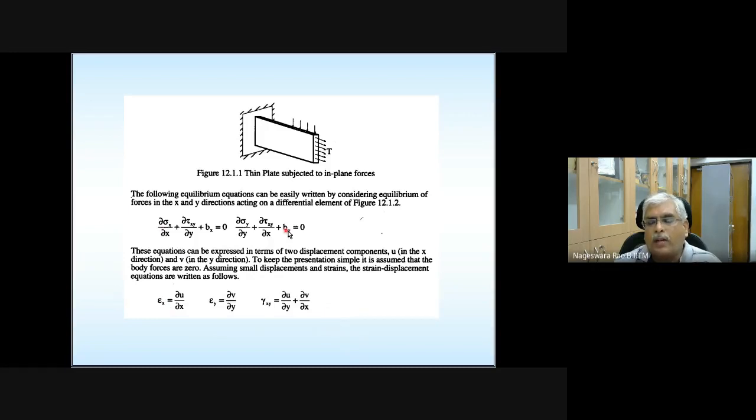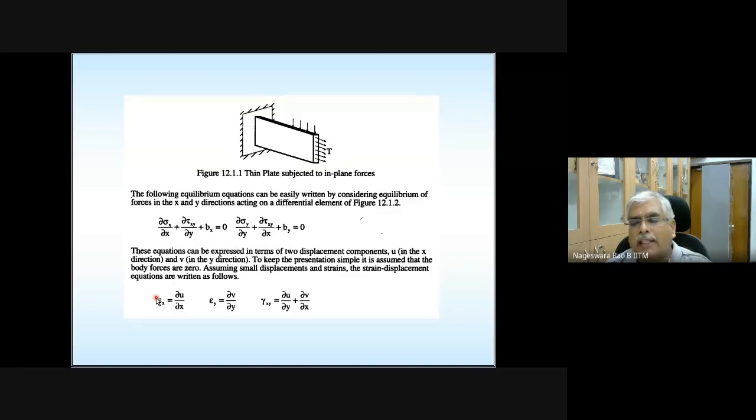So we have two equilibrium equations, three strain displacement relations, and also strains are related to stresses. How they are related depends on the material properties. Since we are looking at elastic material, or materials within the elastic regime, two material properties are important, which are Young's modulus and Poisson's ratio.